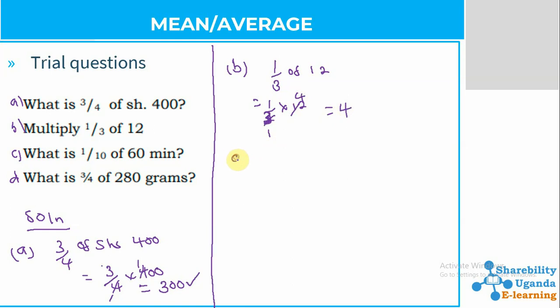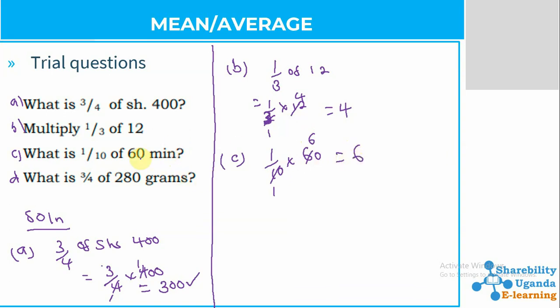Then we'll have our part C. In part C, we have 1 out of 10 times 60, because they are saying of 60. So here we also divide by 10. What is 60 divided by 10? We shall get 6. So here we have our 6.